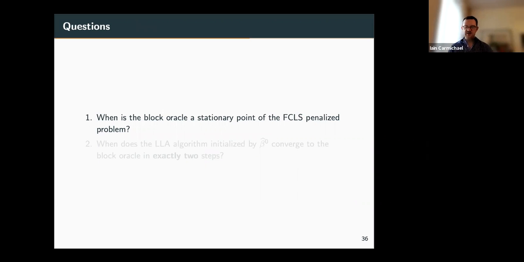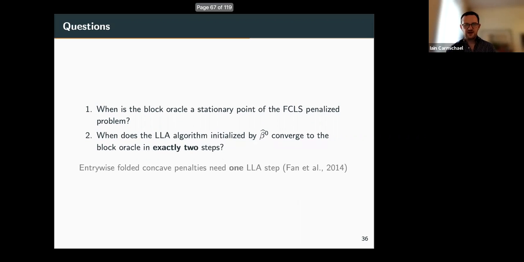So now we're going to provide some general theory to answer two questions. The first one is, when is the block oracle a stationary point of the Laplacian penalized problem? So this is maybe not the most interesting thing in practice, but if the answer is no to this, then we are sort of hopeless.